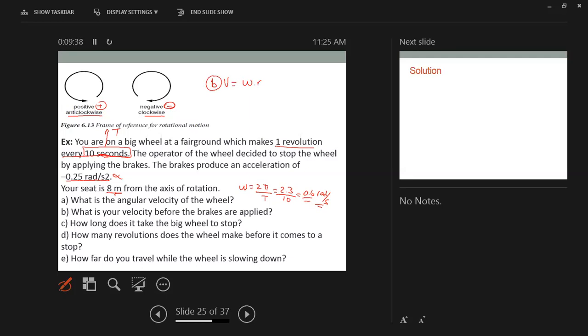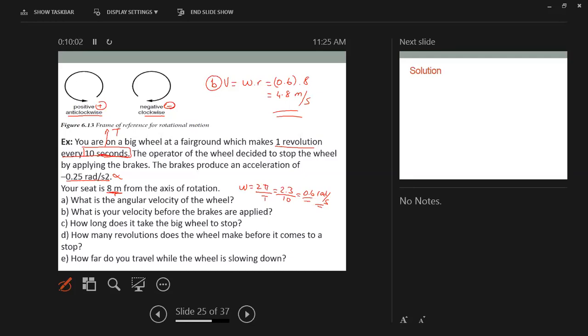So our angular velocity we found, 0.6 times, what was the radius? It was 8 meters over here. So when you multiply it, you're going to find linear velocity 4.8 meters per second. Okay? Meters per second. That is going to be our linear velocity.